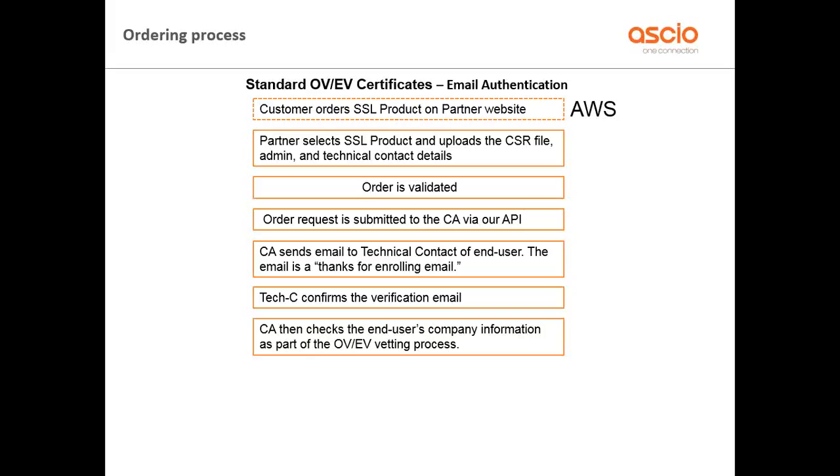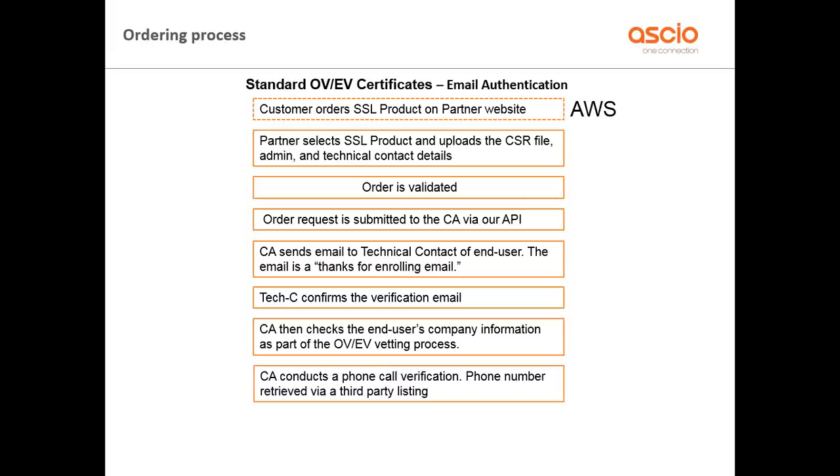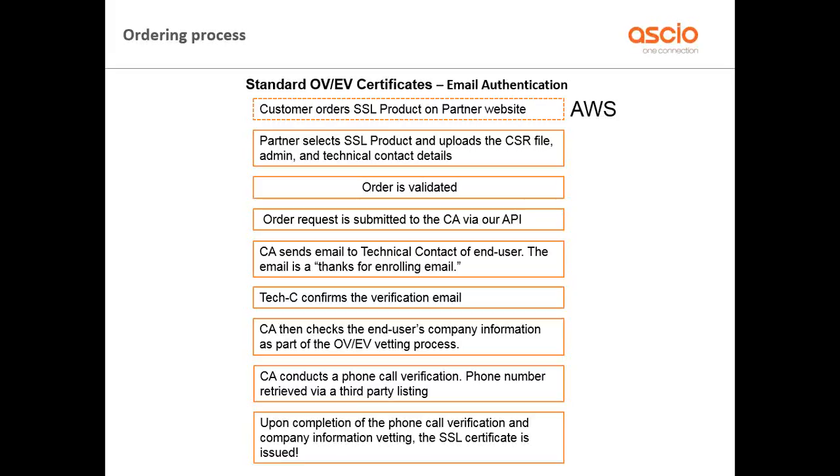This is standard procedure as part of the OV/EV certificate vetting process. They also conduct a phone call verification where they have a third-party provider from which they get the phone number. This is all a standard process in order to verify the identity of the end customer for EV certificates. When all that has taken place successfully, the certificate will be issued and sent to the end customer directly from the CA.